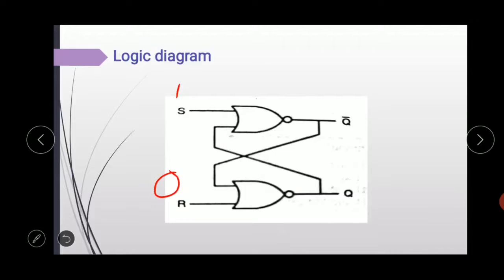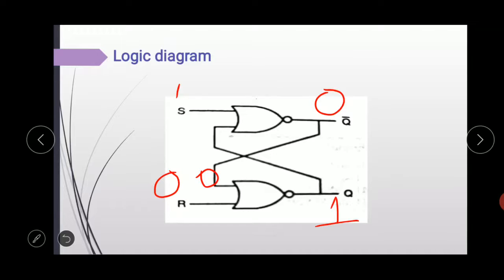When any input to a NOR gate is 1, the output of the NOR gate will be 0, as we know from its truth table. So when the output, that is Q bar, is 0, this Q bar is applied here as an input, so 0 0 gives 1.